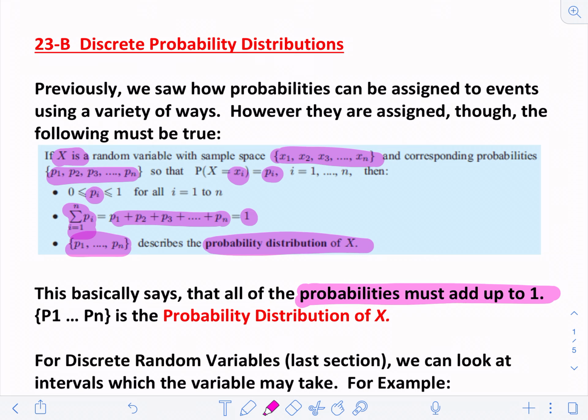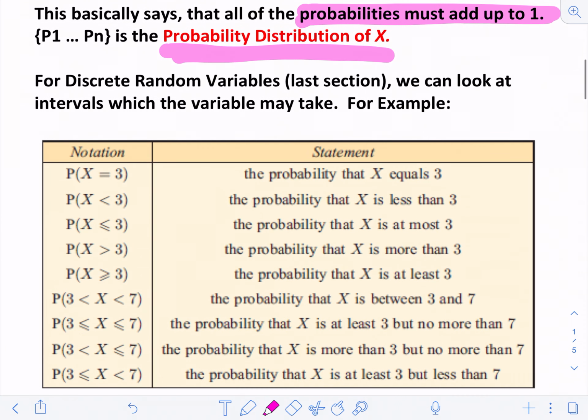And that makes sense. We've seen that in different charts and graphs and tree diagrams where all the probabilities of something occurring have to equal 1. And all of those possible probability values, we call that the probability distribution of x. And that's what we're going to look at.